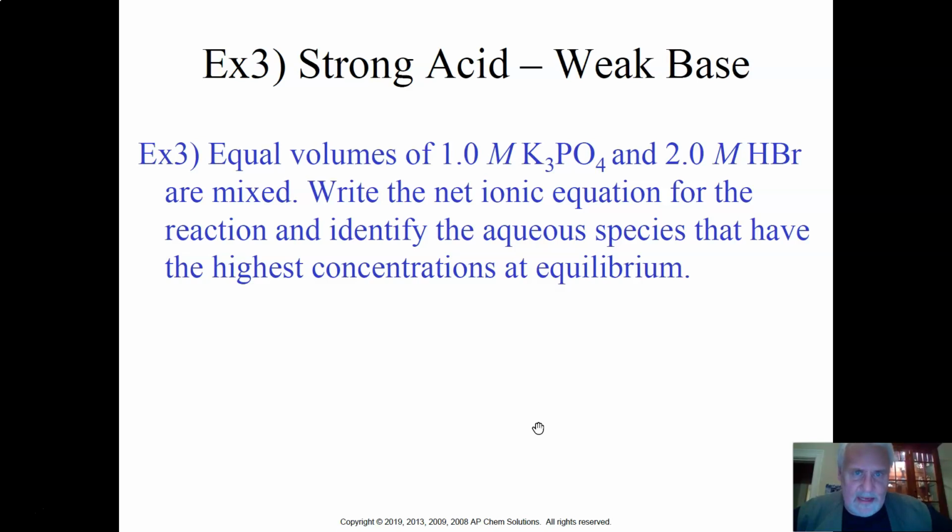Potassium phosphate, 1 molar. They are equal volumes. So 2 molar HBr, and we're going to end up writing the net ionic equation for this one. You're going to be leaving out potassium, and you're going to be leaving out bromide.